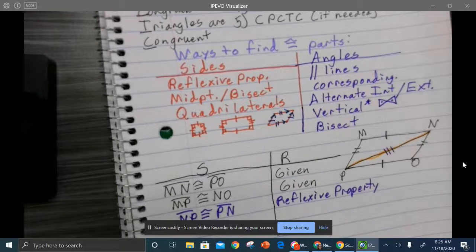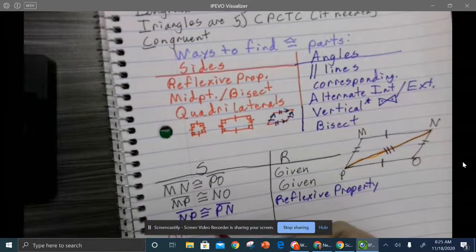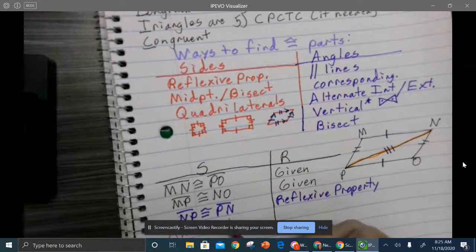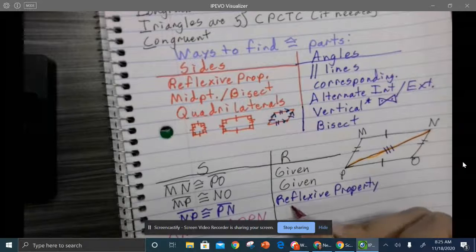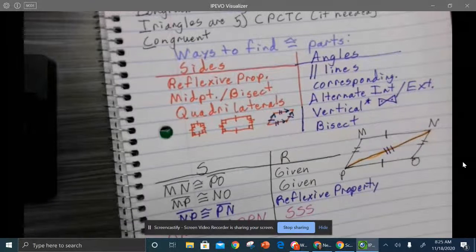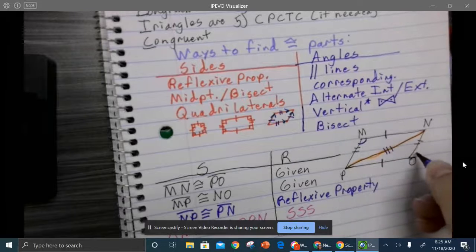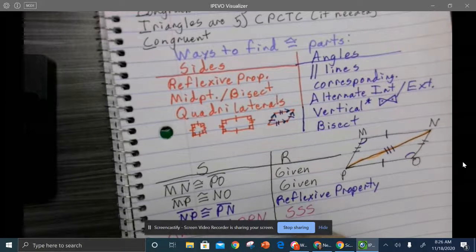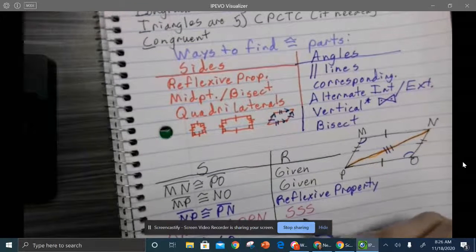Now we have all the sides congruent, so triangle MNP is congruent to triangle OPN by our triangle congruence theorems and postulates. And now we can prove that angle M is congruent to angle O, because the corresponding parts of congruent triangles are congruent.